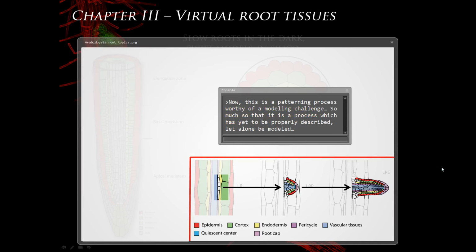Now, this is actually a patterning process worthy of modern research, so much so that it's a process which has yet to be properly described, fully described, let alone modeled. So it's kind of the cutting edge for plant root models.